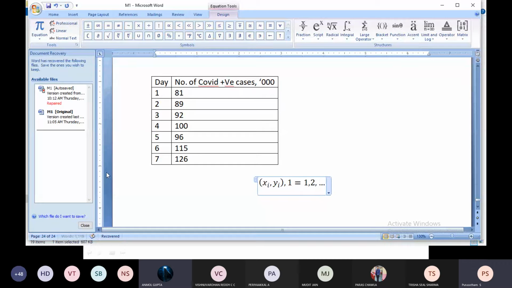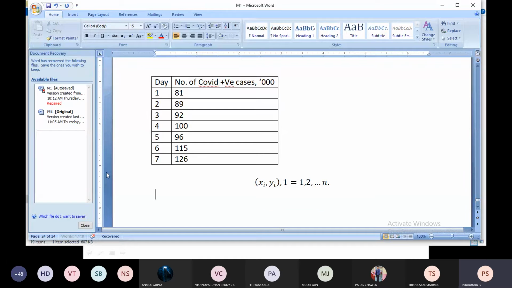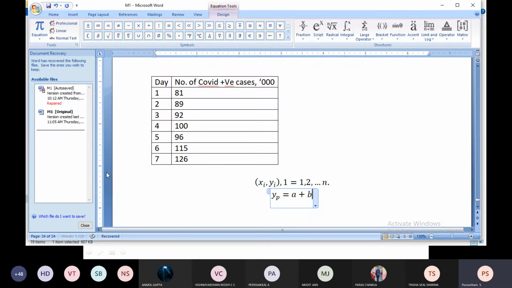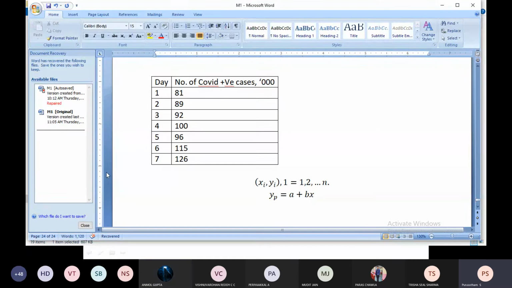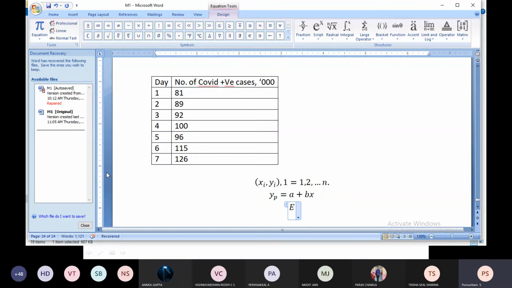Now you may assume the predicted relationship is something like a plus bx, and then the residual error, or simply the error, is recorded as y minus y underscore p.